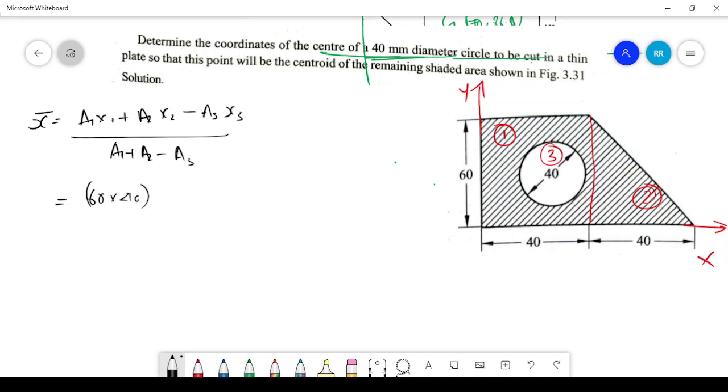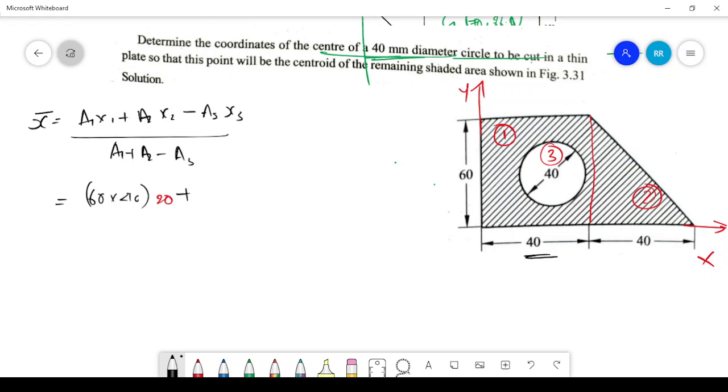And x1 means, if that rectangle has a centroid g1, then the x distance to the centroid is parallel to the x-axis. If 40 is the width, then the centroid will be at a distance of 20, right?